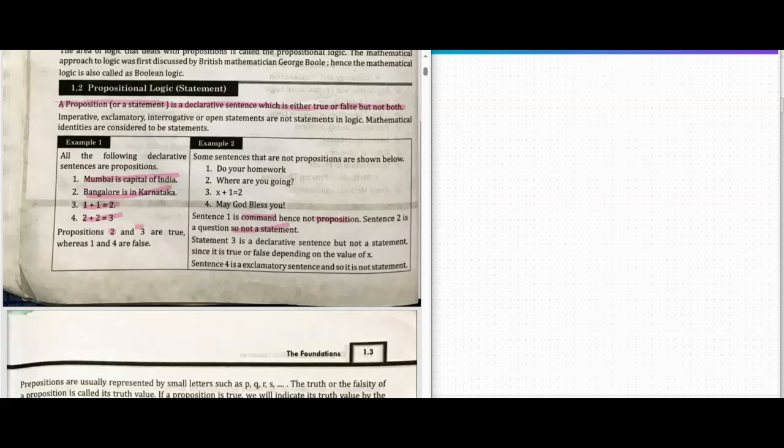So whenever you get imperative, exclamatory, interrogative or open sentences, they are not statements in logic. Mathematical identities are considered to be statements. So a square plus b square plus 2ab is equal to a plus b whole square is a statement in mathematics.